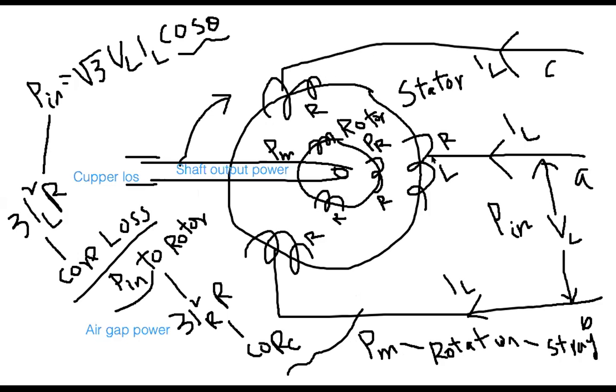So either you draw this picture and you can easily remember it, or you remember the text that I showed at the beginning in the slide. I would prefer to go with this picture, then it will be clear to you.